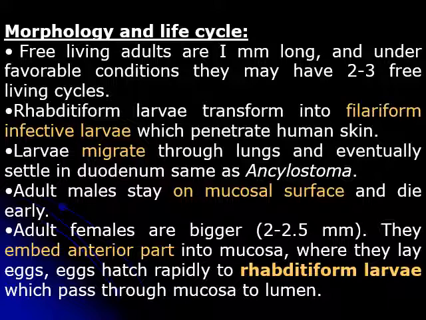They embed the anterior part into the mucosa where they lay eggs, and the eggs rapidly hatch to rhabditiform larvae, which pass through the mucosa to the lumen and pass with stools outside the patient.